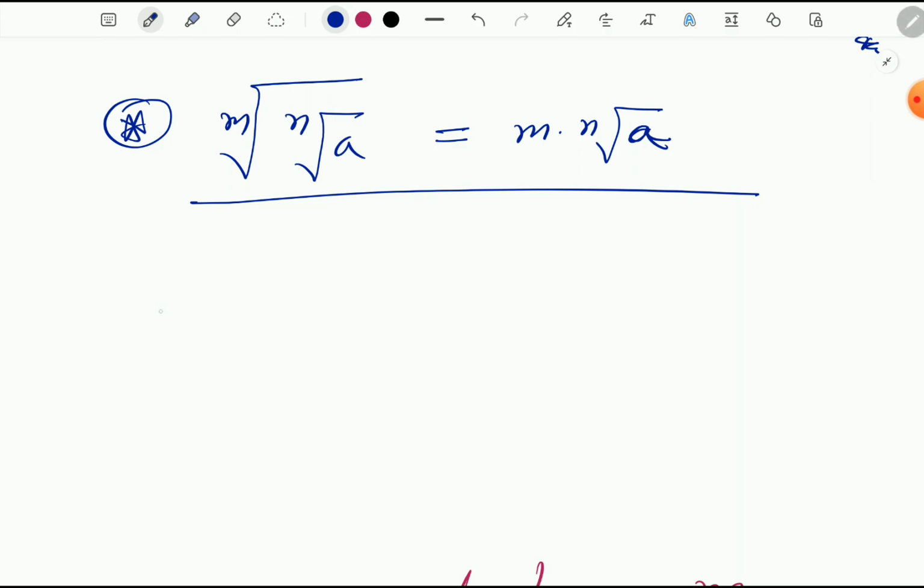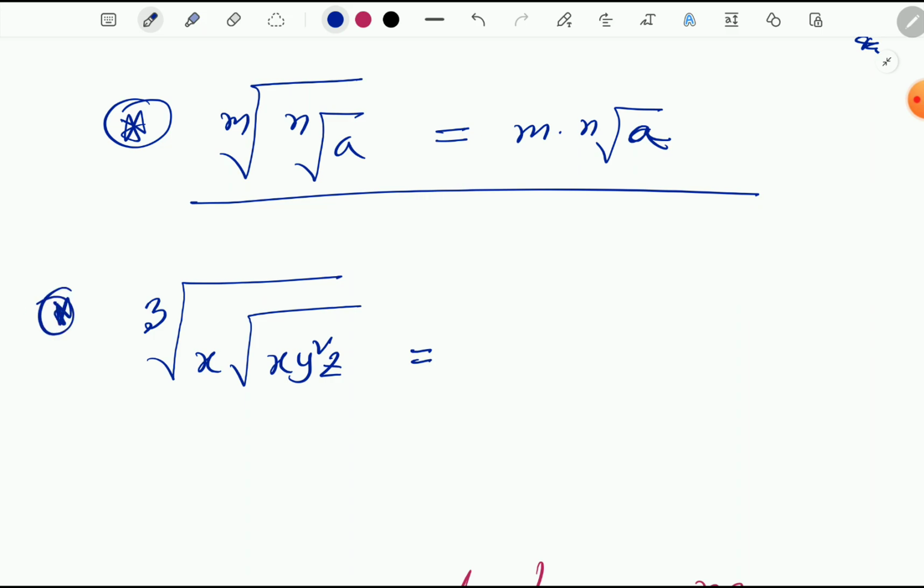Let's say cube root of x times square root of x y square z. Okay, we have to simplify this problem. Now let's compare with the formula.